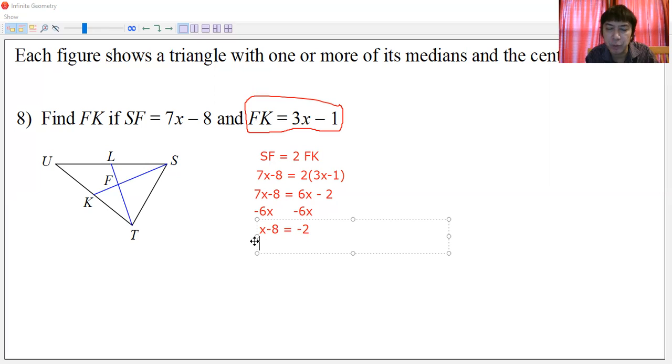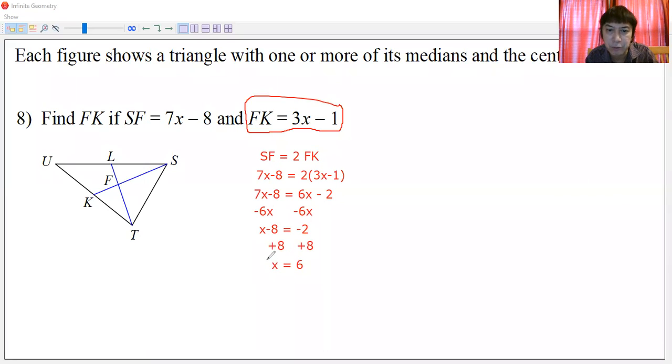And then we continue by adding 8 to both sides. Plus 8, plus 8. And so this gives us x equal to 6. 8 minus 2 is 6. So that's it. Our x is equal to 6.